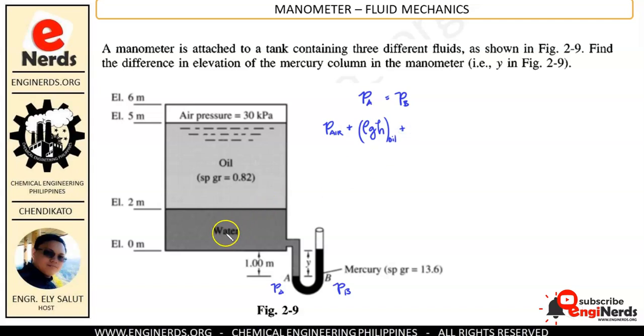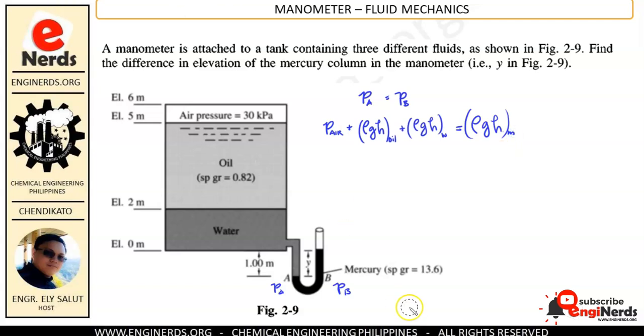Plus, now we have water here. So we have the density of water, acceleration due to gravity, and height of the water. And this is equal to PB. So what is our PB? Our PB is equal to the density of the mercury times G and height of the mercury, no?